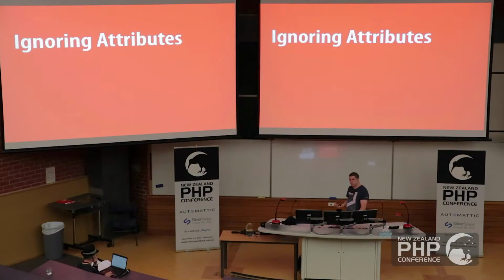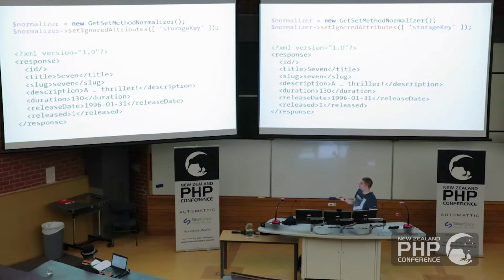But sometimes you don't want to serialize everything. You just want to serialize some state of your objects. If you have a REST API, you don't want to expose everything to the clients that consume your API. So you can also tell the serializer to ignore some attributes. So you can configure your GetSetMethodNormalizer or any other normalizers to ignore some attributes.